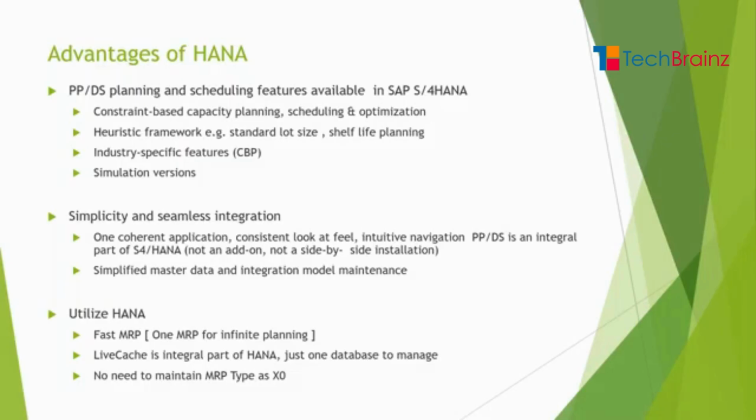If you missed a critical product and missed this setting, it would not be considered in PPDS planning or APO planning. However, now there is no mandatory condition to mark X0 for the MRP type, because planning in PPDS is not restricted based on the MRP type. Now there are different settings given by SAP, using which you can control whether the product can be planned in PPDS or not.